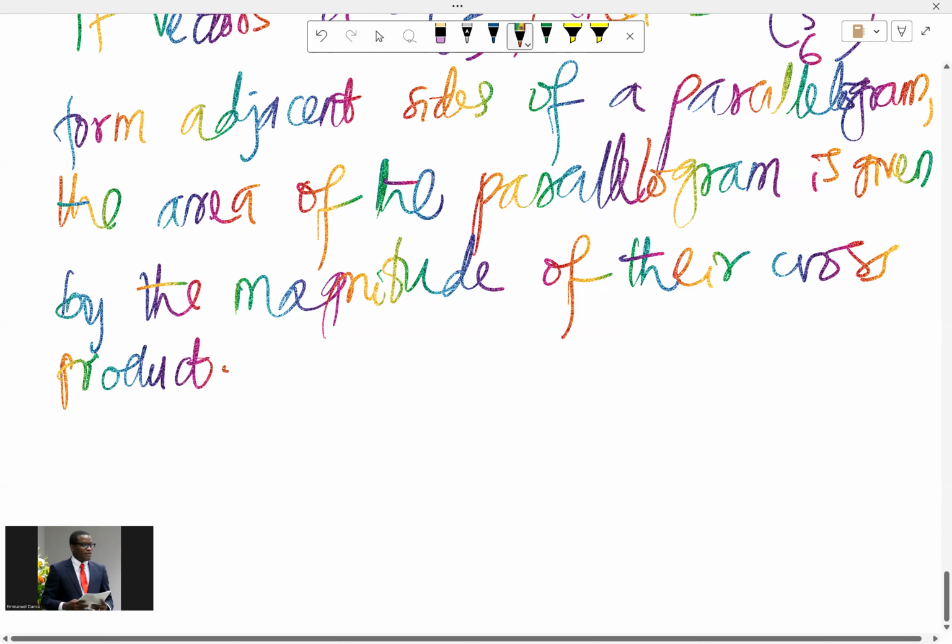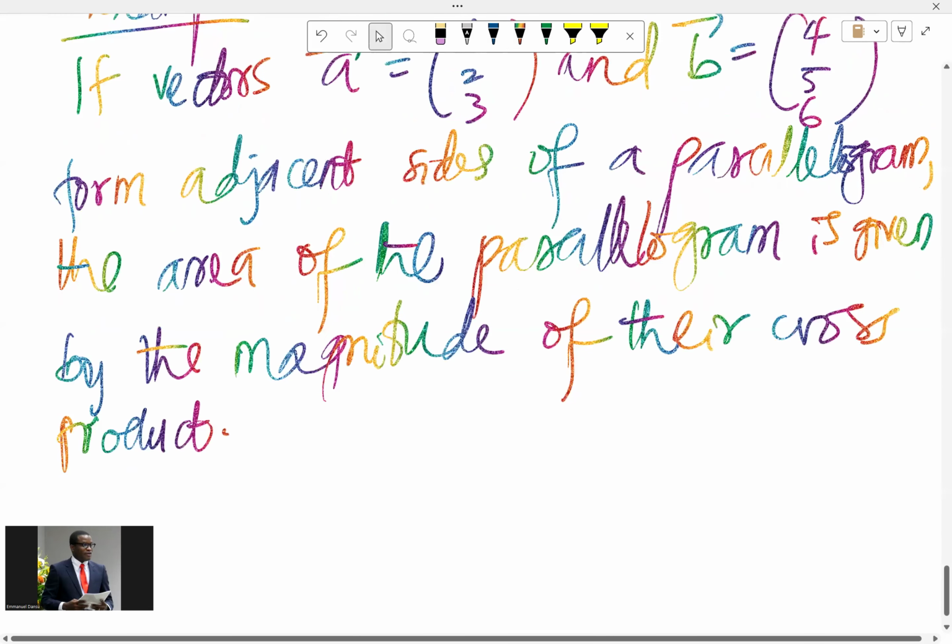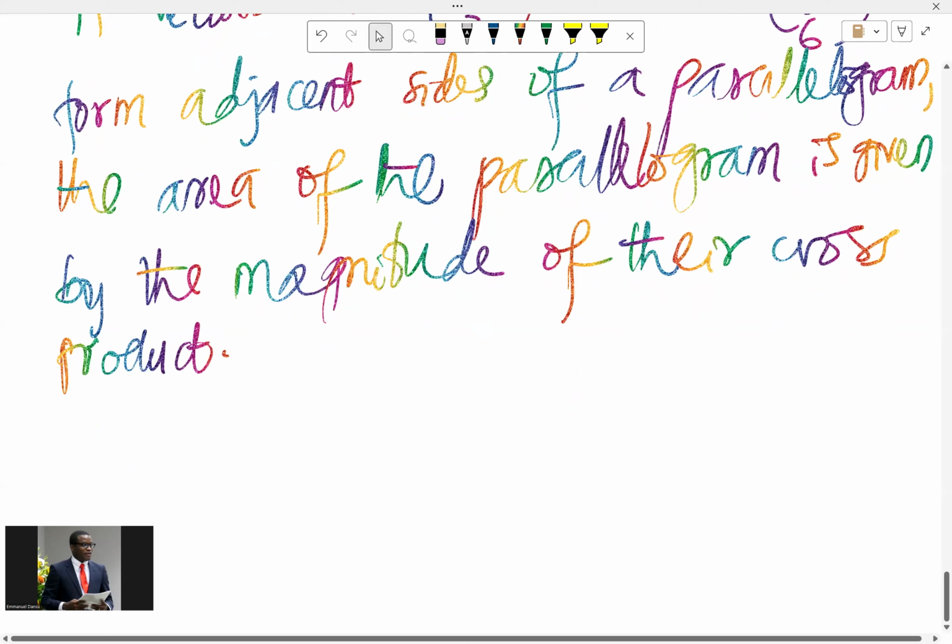Okay, so we already know how cross products go. We have to form a matrix, and then take the magnitude of their cross product.